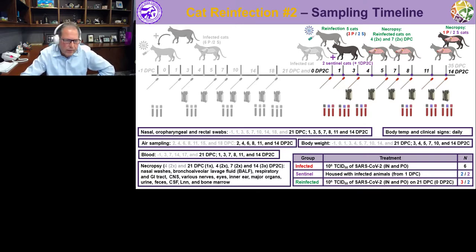We swabbed them again with nasal or oropharyngeal and rectal swabs. We also took blood at various time points post-reinfection. And then we did necropsy, 2 out of these 5 on day 4, like before. 2 out of these 5 reinfected animals on day 7. And then on day 14, 2 weeks after reinfection, we necropsied 1 of the reinfected animals and the 2 sentinel cats.